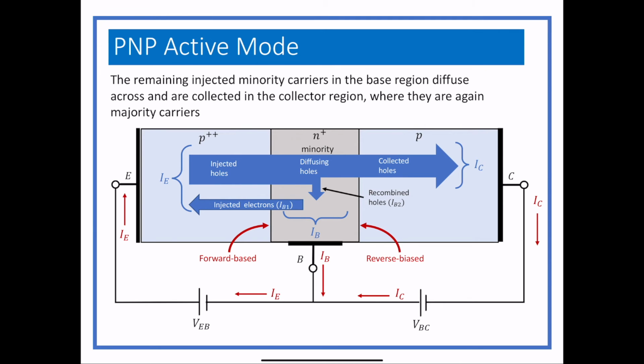No big deal. And then we take the remaining minority carriers. They move to the collector, so the holes go from P to N to P. That's the majority of the current. It's the same direction this time as the flow of carriers because they're holes.